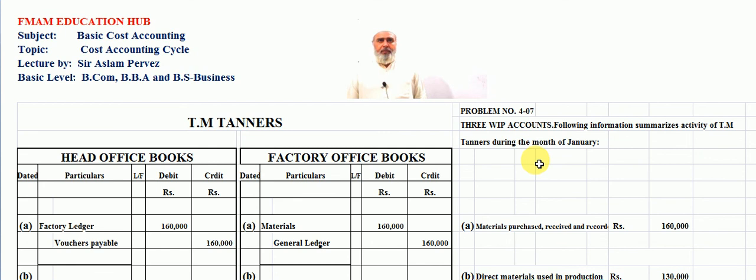Students, this is problem number 4.7. I advise you, please do this problem again and again and practice so that you can learn this problem easily, as well as learn by heart all these entries, because in the exam you can solve this problem easily.